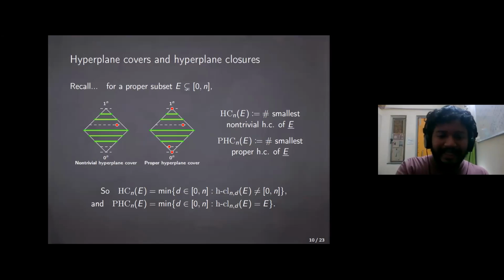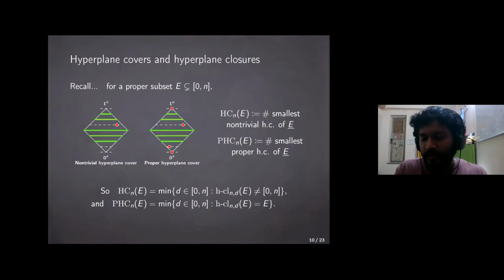So take any D which satisfies the property that the degree D hyperplane closure of E is not equal to 0 to n. It essentially means there exists a hyperplane arrangement with at most D hyperplanes that contains E and does not contain the full hypercube. Therefore, it's a non-trivial hyperplane cover.